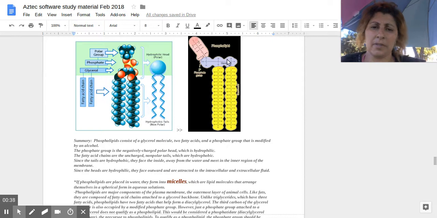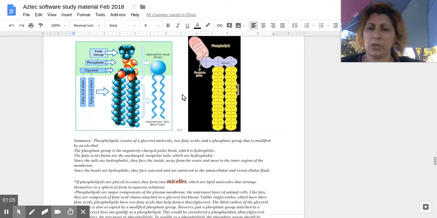And we learned that phospholipids are made up of long fatty acid chains, which are hydrophobic, attached to glycerol, which is attached to a polar phosphate group. So the schematic shows what it looks like.